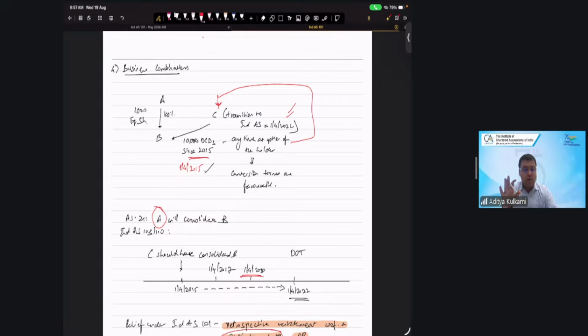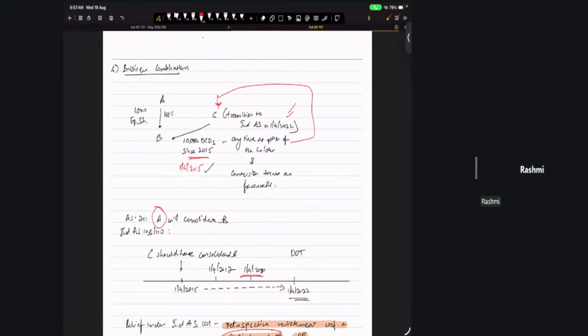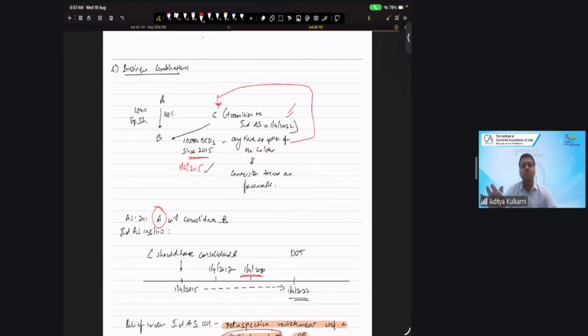That is under AS 21. Under Ind AS 110, percentage of stakeholding doesn't matter at all. Control is more a characteristic rather than a defined number.